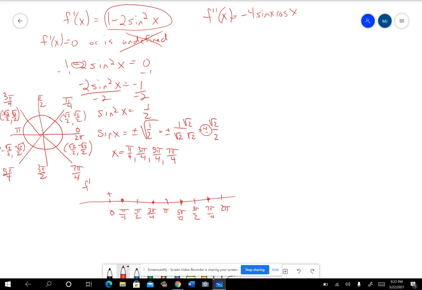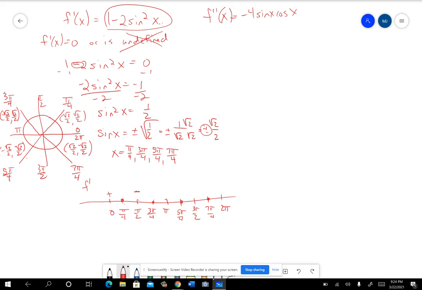So this would be positive. When you put in pi over 2, the value of sine would be 1. When you square that, you would get 1. Times 2 would be 2, and you're doing 1 minus 2, so that would be negative. So this is going to be negative.